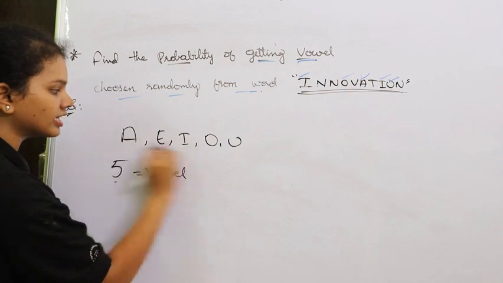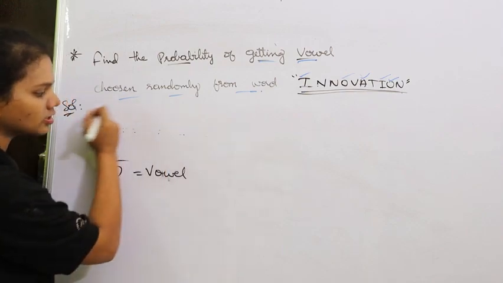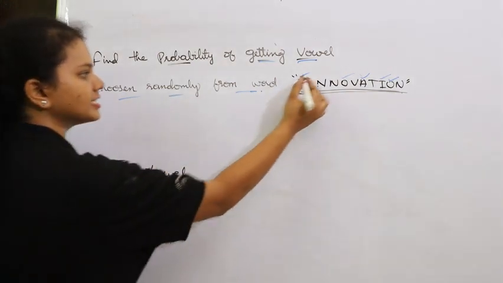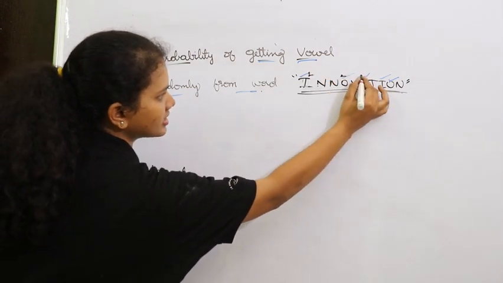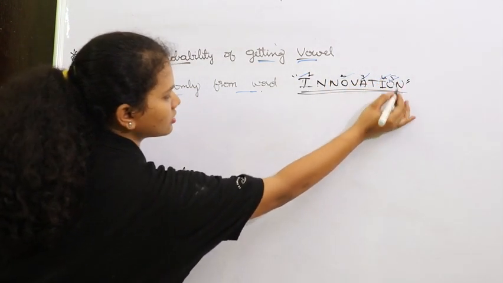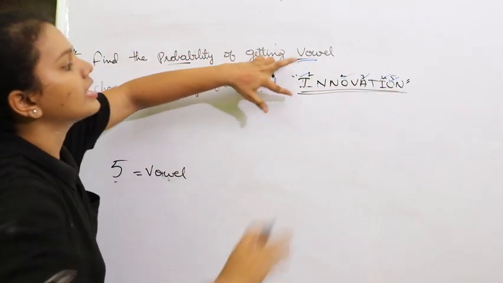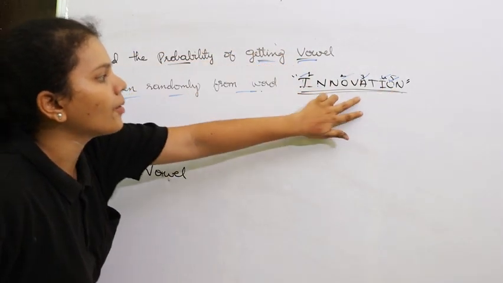I'm not talking about these vowels, but 5 vowels means here you have 1, this is 1, this is 2, this is 1, this is 2, this is 3, 4, 5, okay? So that's what in this given word. In this given word, how many vowels we have?